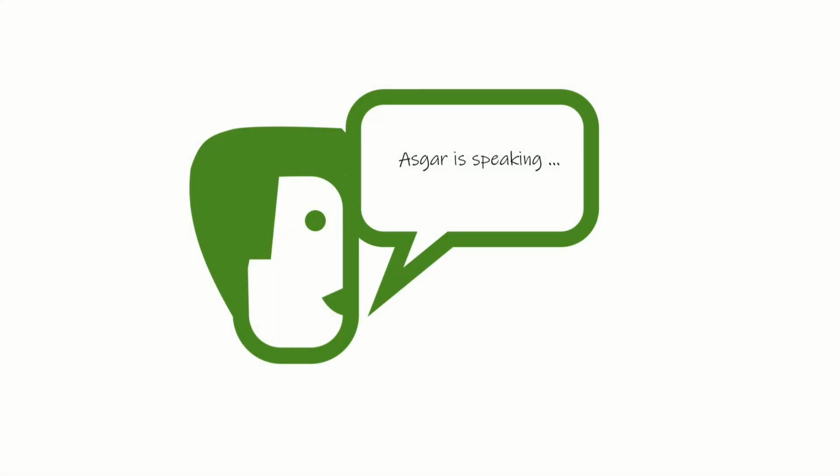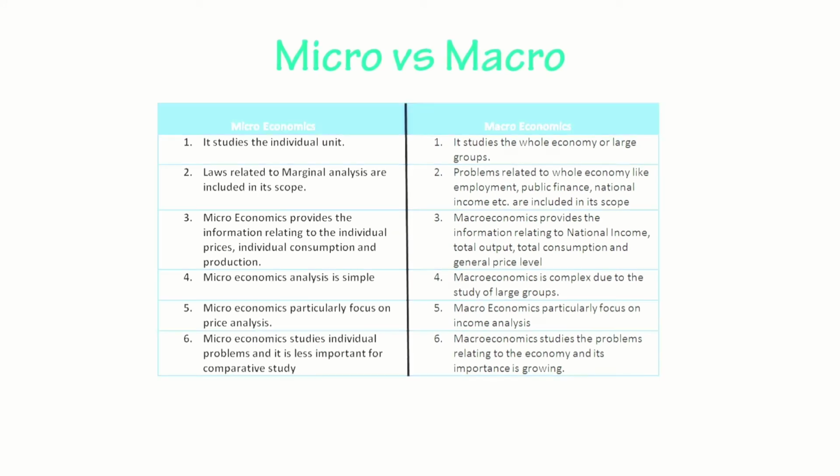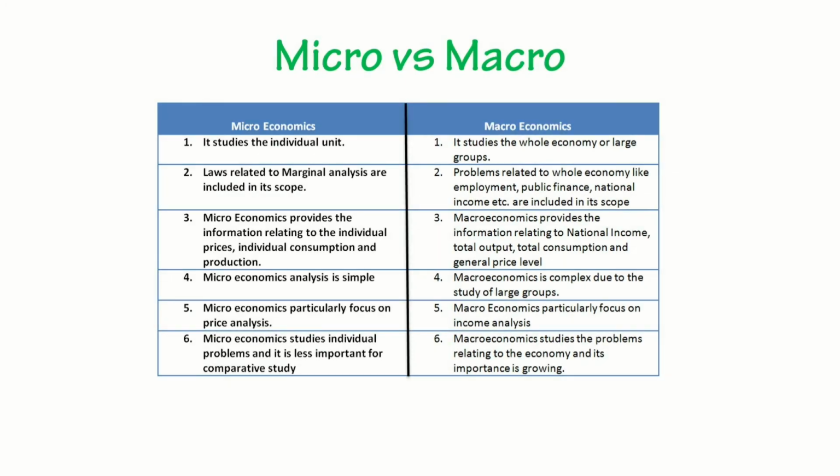As you can see, the first fundamental difference between micro and macroeconomics lies in their object. While micro studies the decisions of individuals and businesses, macro analyzes the decisions made by state and government. Microeconomics focuses on demand and supply, which is price analysis, whereas macroeconomics focuses on income analysis.